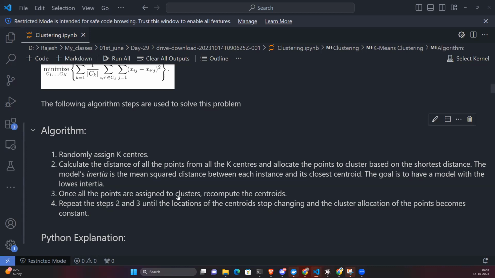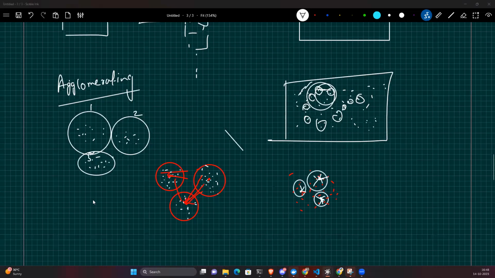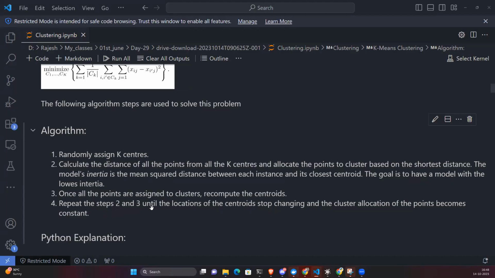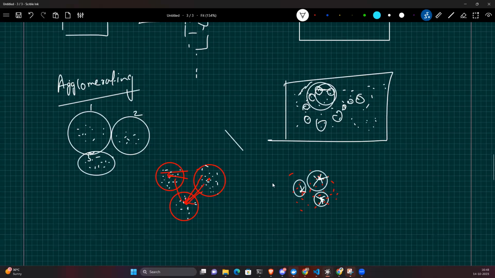Now, once all the points have been assigned to clusters, recompute the centroids. That means repeat steps 2 and 3 until the location of the centroids stops changing. We relocate the centroids: in another iteration we move this center to some position here, this to there, and then again calculate the distances. This variation continues until the centers stop changing and become static.